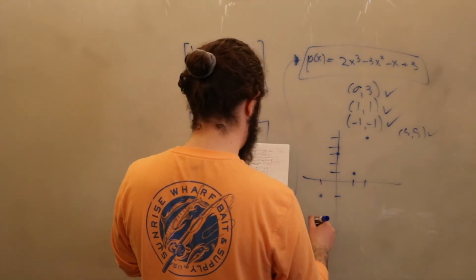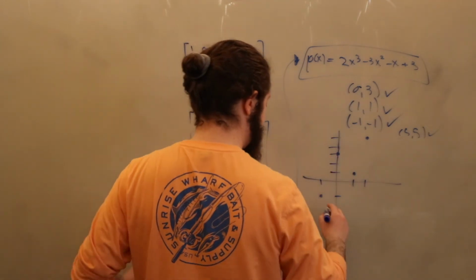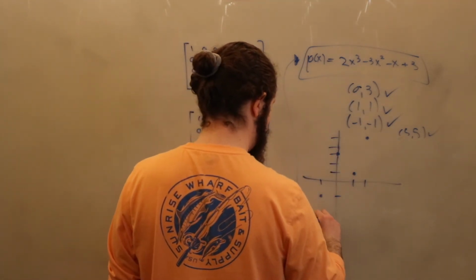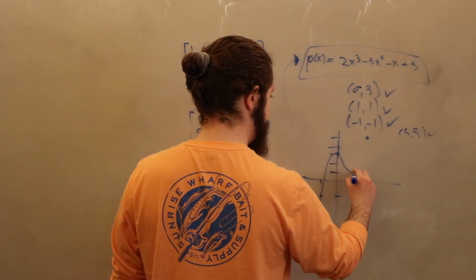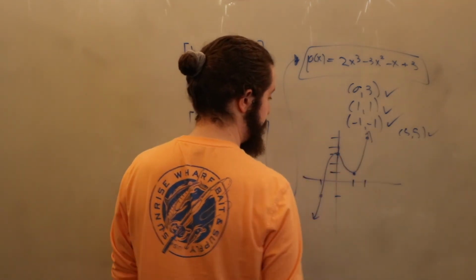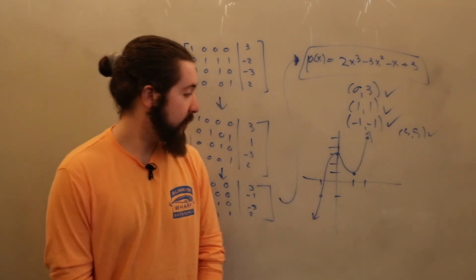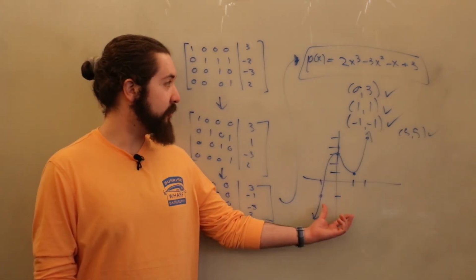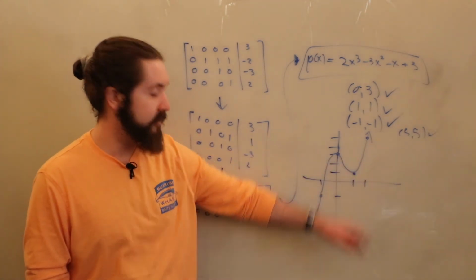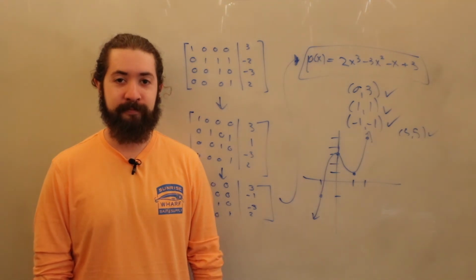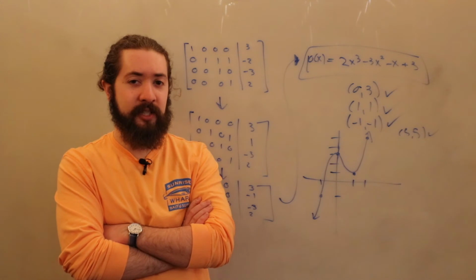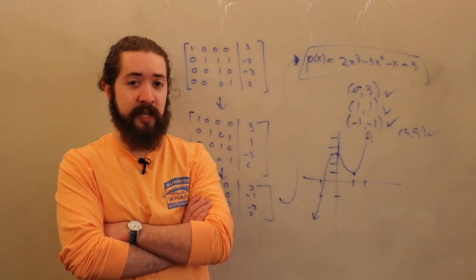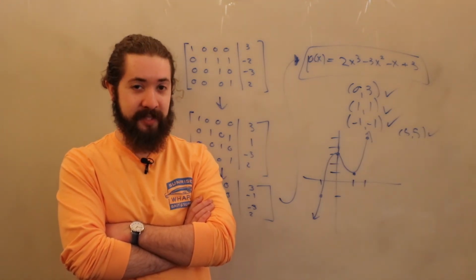And our polynomial, P of x, if you were to graph it, would look a lot like this. And so we have indeed interpolated our set of 4 points with a cubic polynomial. All right, now that's all well and good, but let's be honest, cubic polynomials are child's play. We need to up the ante.